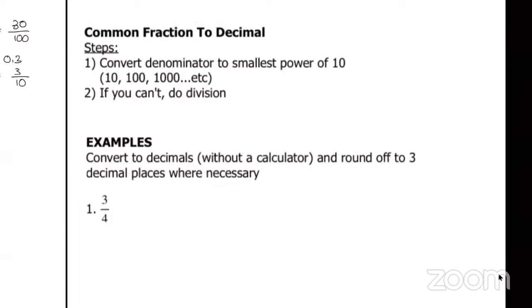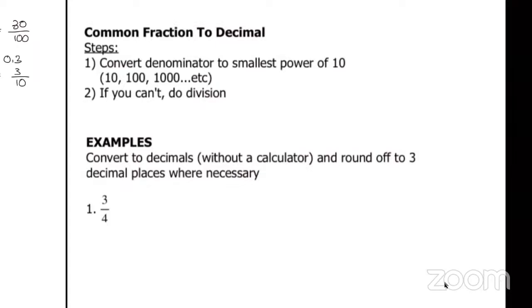We distinguish proper fractions and improper fractions, where in proper fractions the denominator is bigger, and in improper fractions the numerator is bigger. Okay, so convert the denominator to the smallest power of 10, if you can't do division, so you convert the decimals without the calculator. Okay, so that makes sense, right?